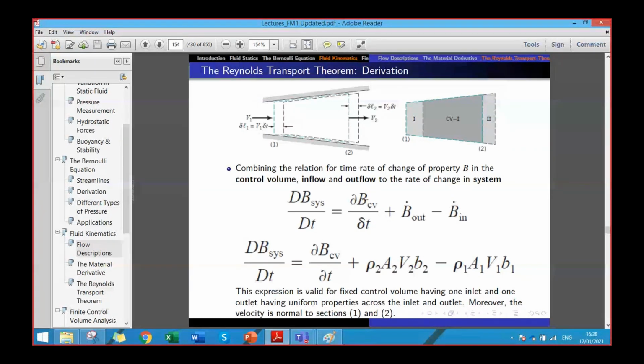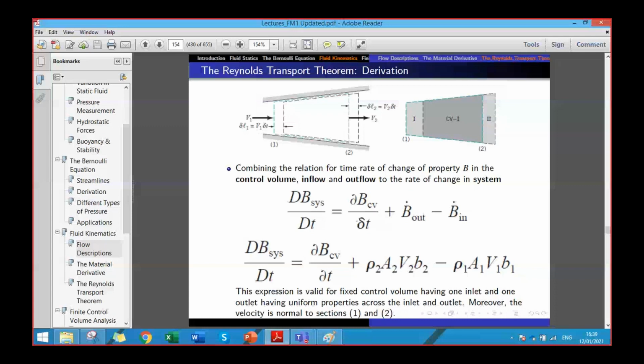The rate at which the property is going out of the control volume and the rate at which the property is coming into the control volume, the difference of that, the net mass flow rate. So the first term is the unsteady term, and the other two terms are the mass flow rates. Not the mass flow rates, but the property flow rates, whatever the property we will decide.